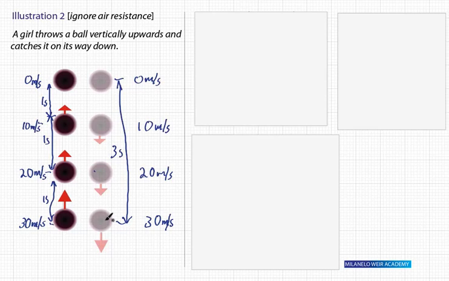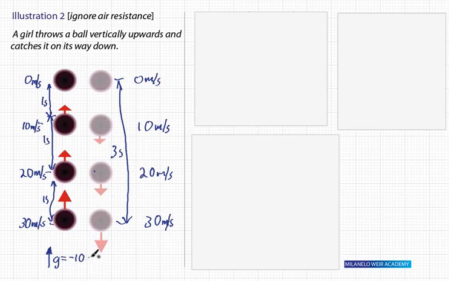This happens because as it goes up, the acceleration is negative 10 meters per second squared. It's negative 10 on its way up. Let's write this. On its way up, g is equal to negative 10, right?